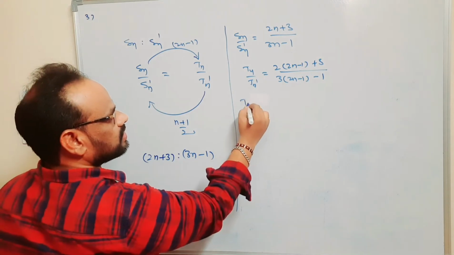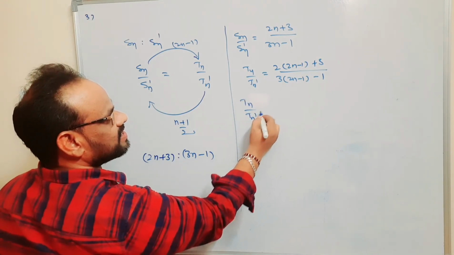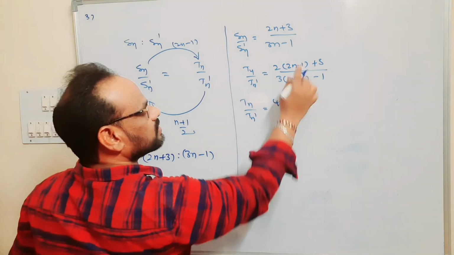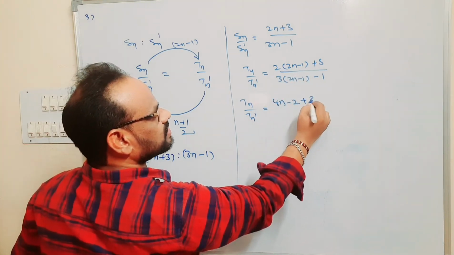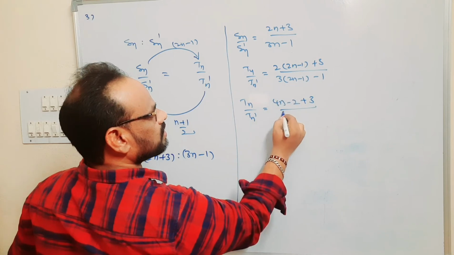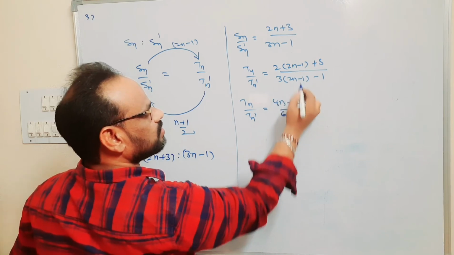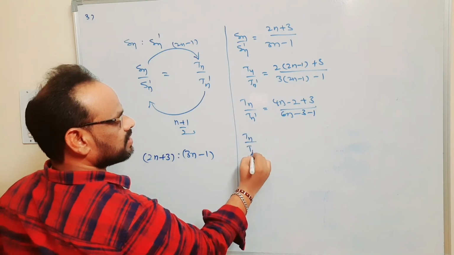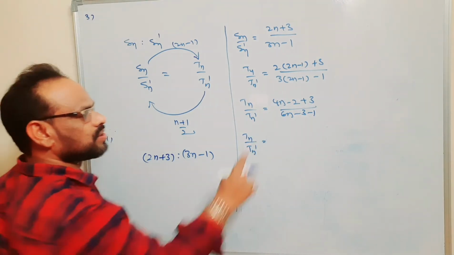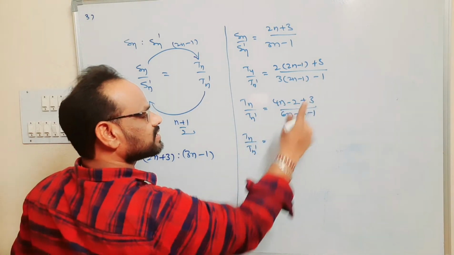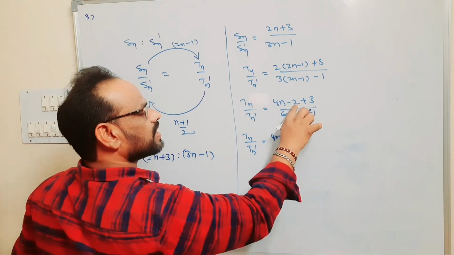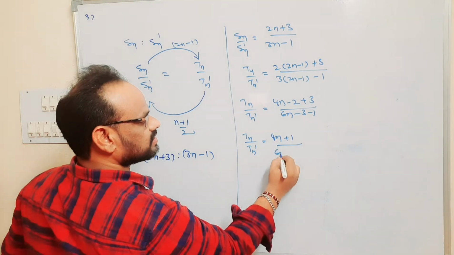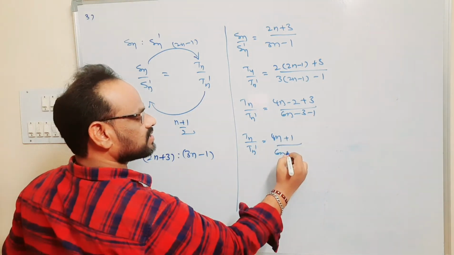That is Tn by Tn dash is equal to 2 2s are 4n, 2 1s are minus 2, plus 3, by 3 2s are 6n, minus 3 into 1, minus 3, minus 1. That is 4n minus 2 plus 3, which is 4n plus 1, by 6n minus 3 minus 1, which is 6n minus 4.